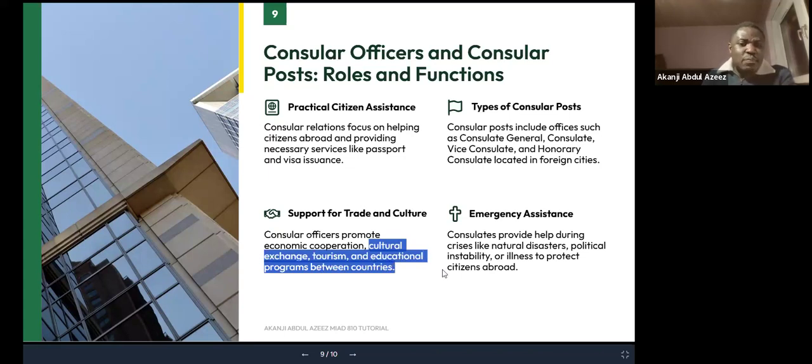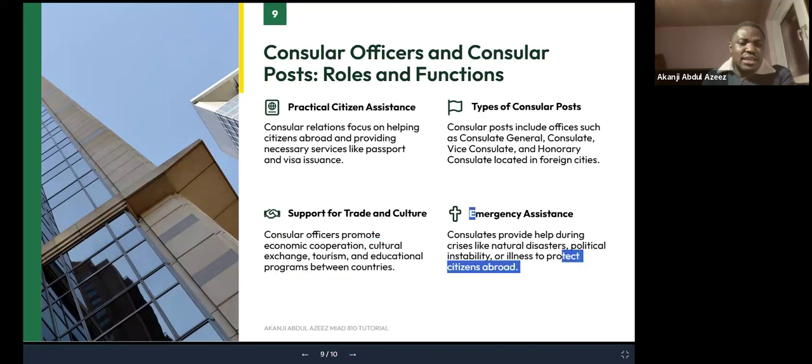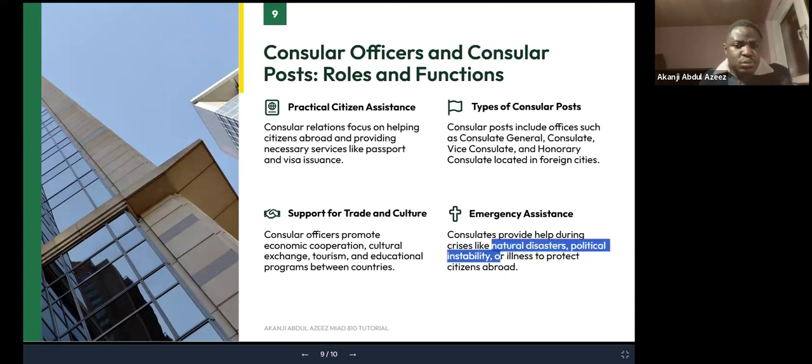And the last one is assistance during emergency. The consulate officers help citizens during crisis such as natural disaster, political instability and illness, to protect the citizen abroad. Sometimes they organize evacuation. Currently there is a crisis in the Middle East.